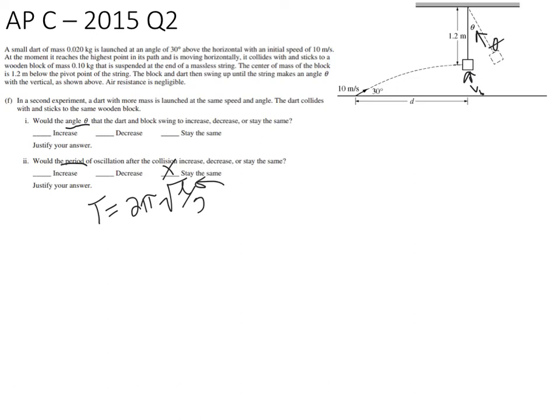Changing the mass of the object did not change L. g is a constant value. We're assuming that we're staying on Earth, so that's a constant value. So because T is dependent only on L and g, which are constants, that means that T must be constant.